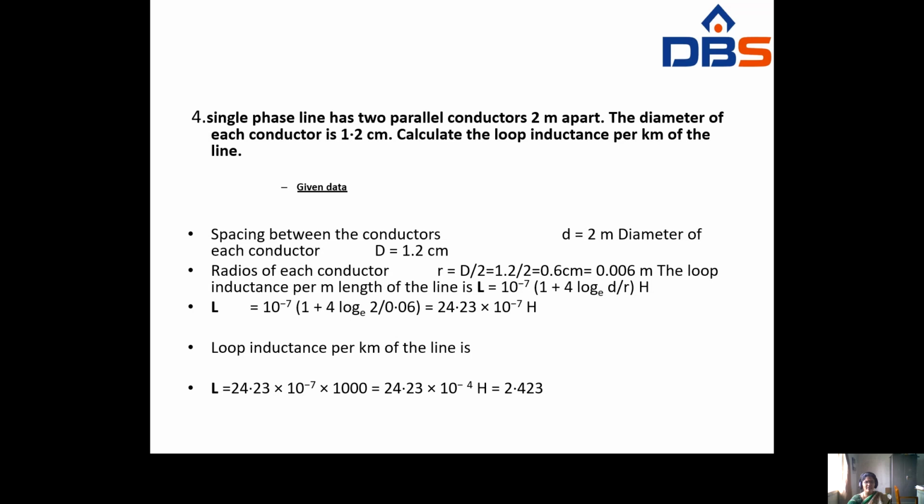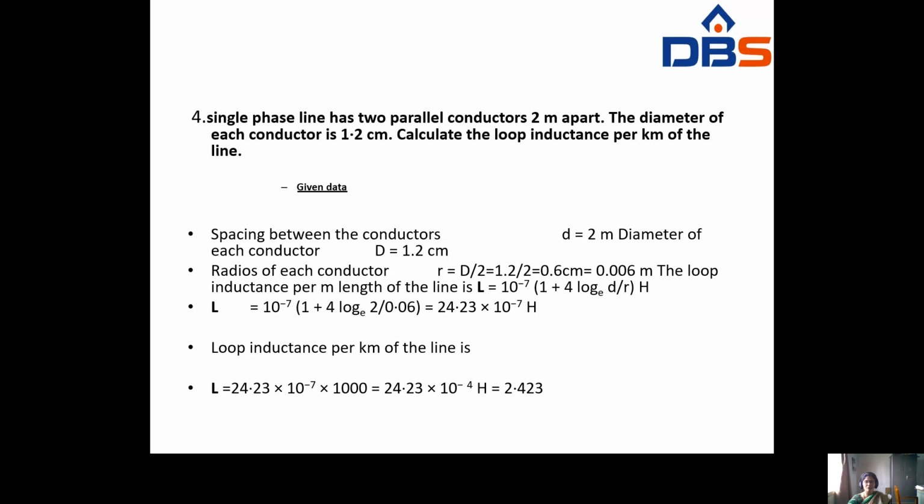At that time you can substitute these values in this equation: 10 to the power of minus 7, 1 plus 4 ln 2 by 0.006. Whenever you solve this equation, you can get the inductance value as 24.23 into 10 to the power of minus 7 Henries. But this is per meter, and here you want the loop inductance per kilometer of the line. So per kilometer means you have to multiply the value by 1000.